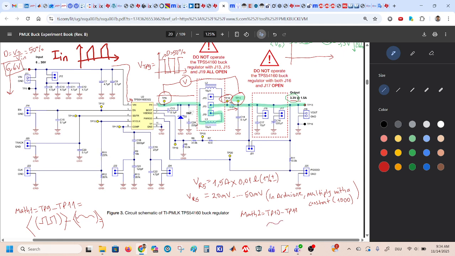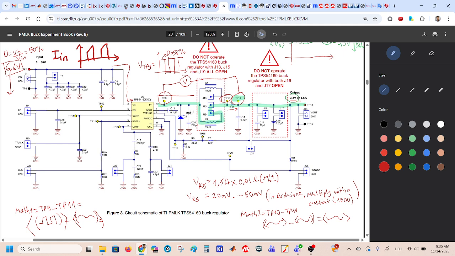This was a sine wave, and this is also a sine wave. And the average value of two sine waves will give us a sine wave. And in Arduino, we can also operate with the average value of this sine wave, and we would have the information for our current.